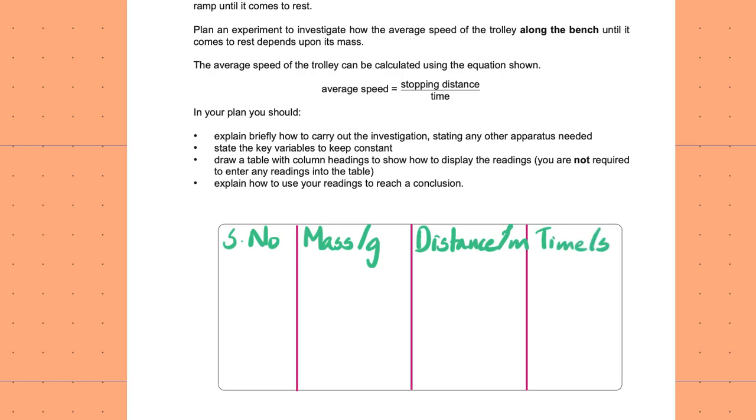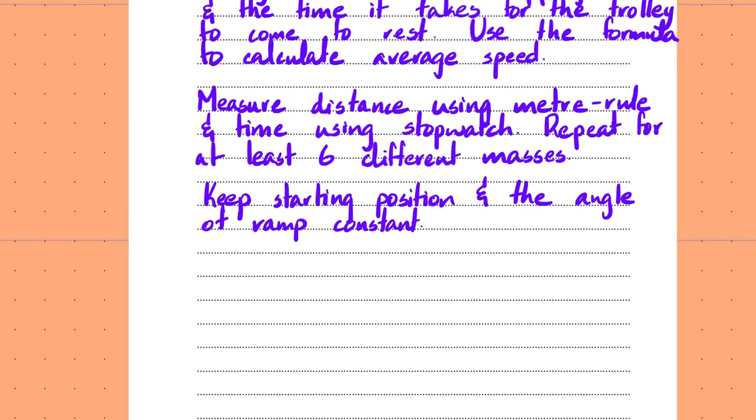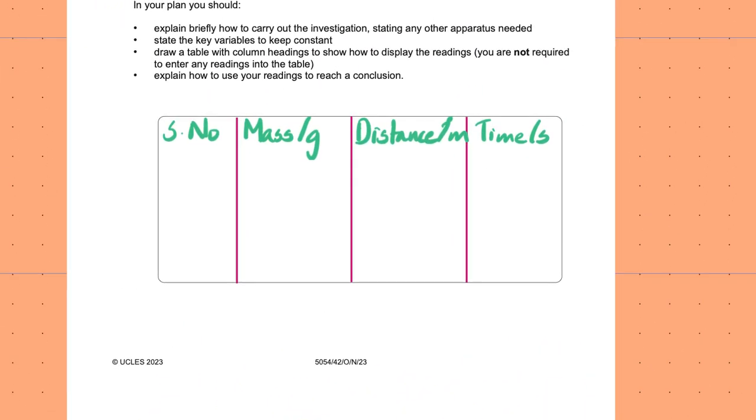Oh, I just realized that since we are investigating average speed, we should also have a column for average speed here. So we'll use the distance and time values to find the average speed.